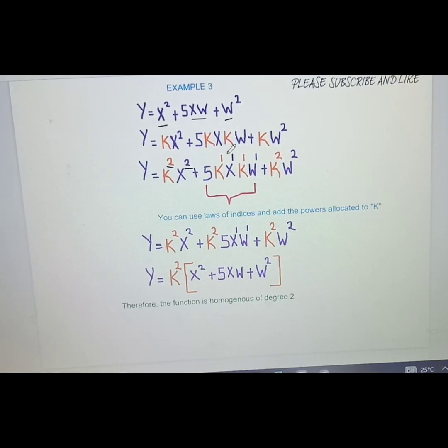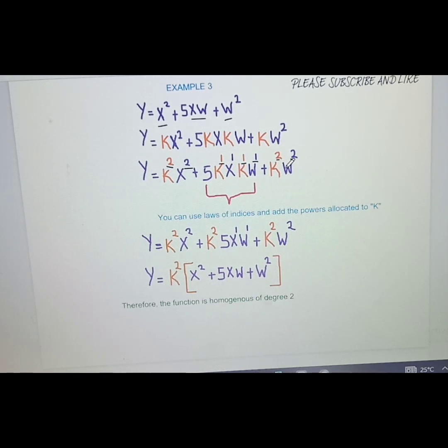Remember that x is raised to power 1, so you allocate to k the power 1, and also w is raised to power 1, so you allocate to k the power 1, and in this case k you allocate power 2 because the independent variable w is raised to power 2.